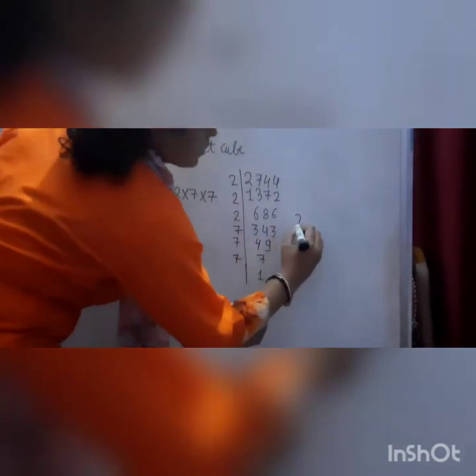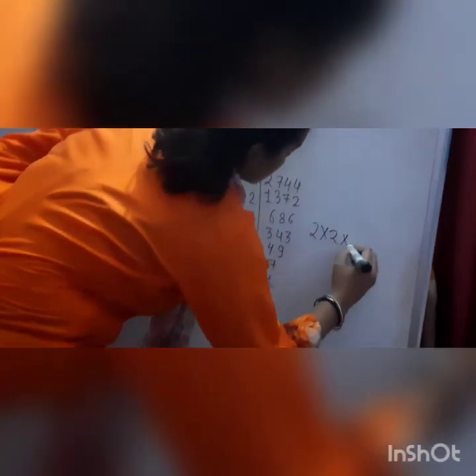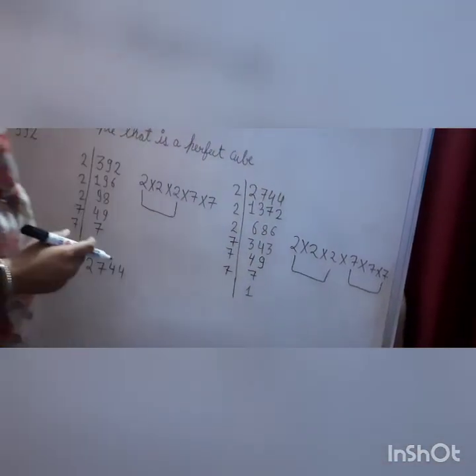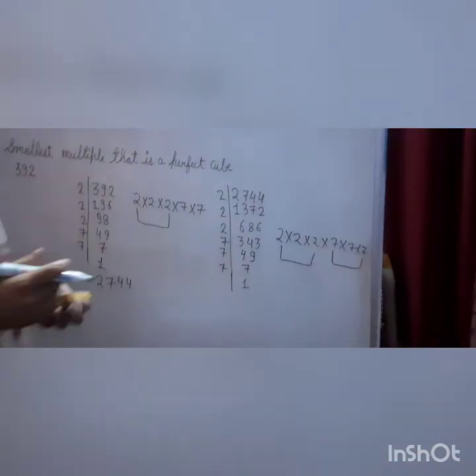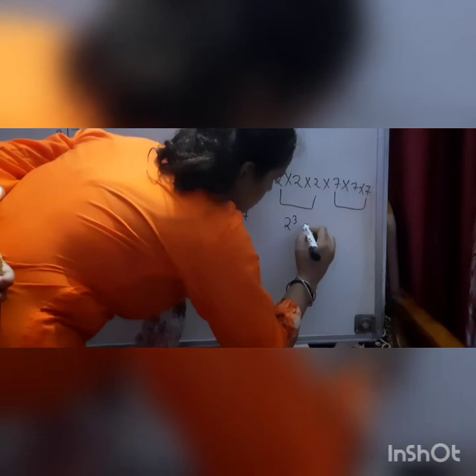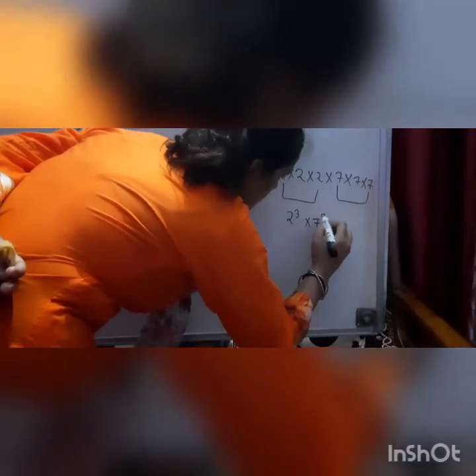Now you can see that 2 multiply 2 multiply 2 multiply 7 multiply 7 multiply 7 are making the perfect cube. Okay. So you can write like this: 2 to the power 3 into 7 to the power 3.